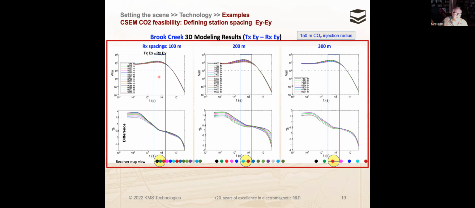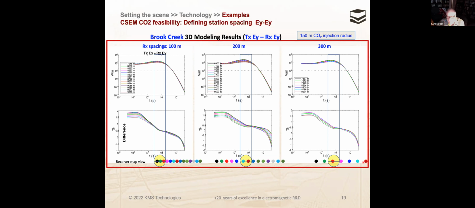Then we modeled an injection radius of 150 meters and placed the receivers 100 meters apart on the left, 200 meters apart in the middle, and 300 meters apart on the right.